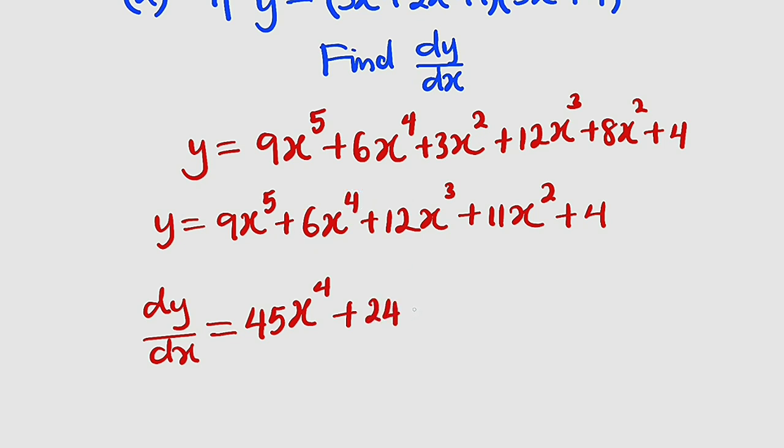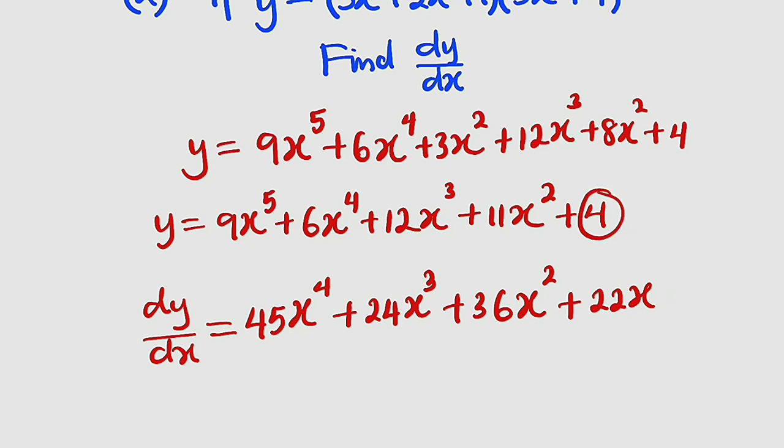You reduce the exponent by 1, it becomes 3, plus this multiplied by this, that will give us 36. X to the power of 2 plus 2 multiplied by 11, that is going to give us 22. X to the power of 1, which you don't have to write, and derivative of constant is 0. Therefore, this is the first derivative. We are done with the A part.